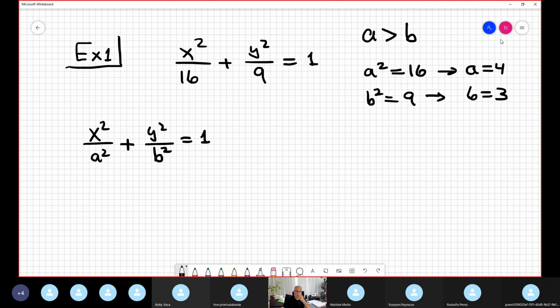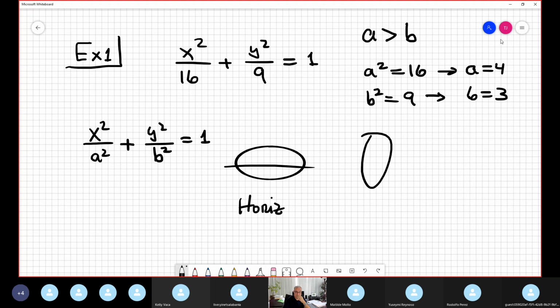And this ellipse, what do you think about this ellipse? Is it a horizontal ellipse or vertical ellipse? Using intuition, common sense. Horizontal.